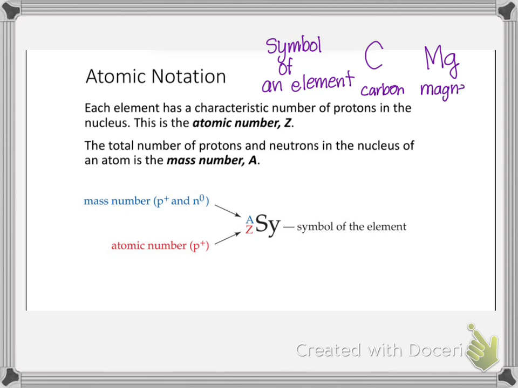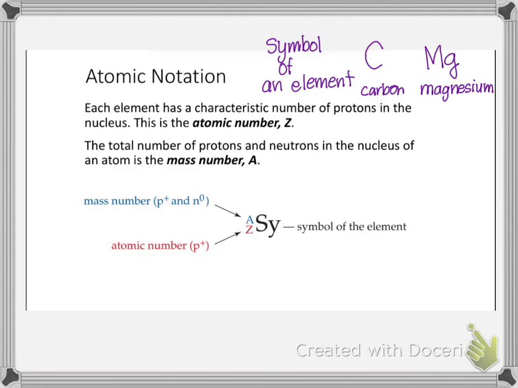Now, you should be learning these. I have you learn the first 36 names and symbols of the elements. So when I say carbon, you should know that the symbol is capital C. If you see a capital C, you should know that that is the element carbon.